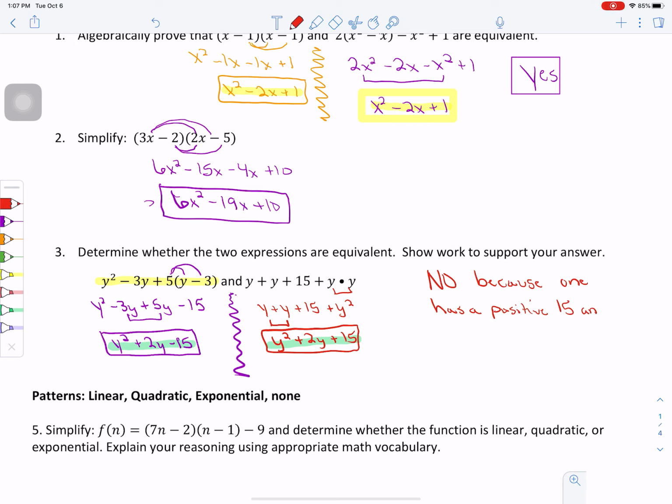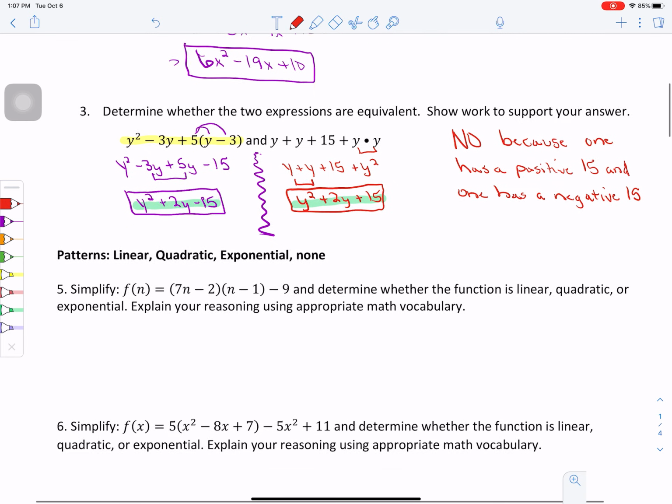And one has a negative 15. Very important that you're watching those positive and negative signs.